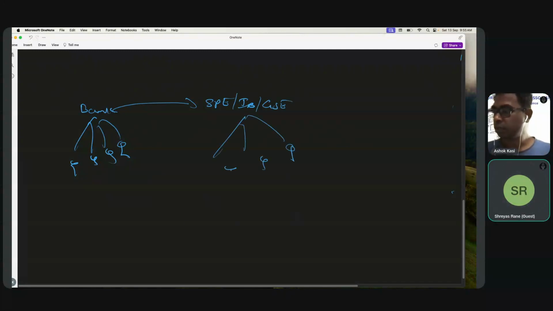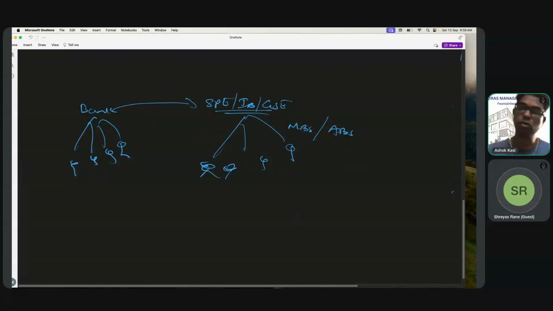That money is again issued as investments, which are called mortgage-backed securities or asset-backed securities. Mortgage-backed securities means backed by home loans. Asset-backed securities means backed by all other loans like personal loan, credit card loan, student loan, all this.